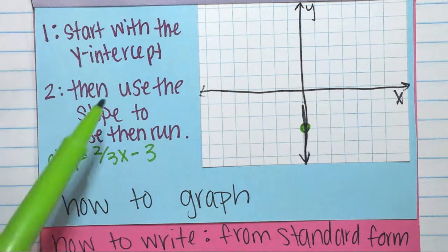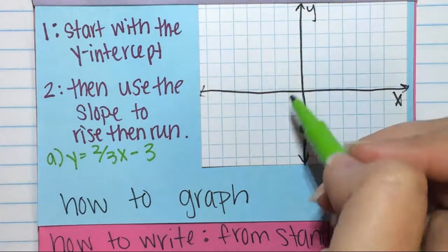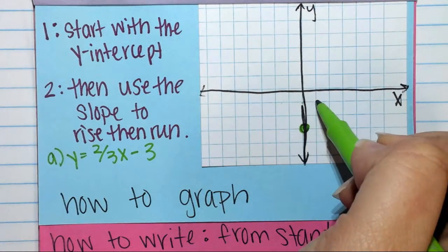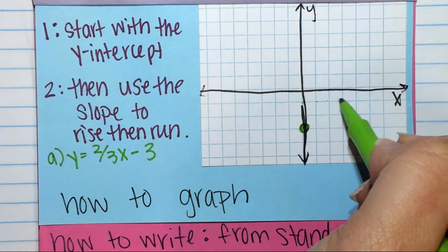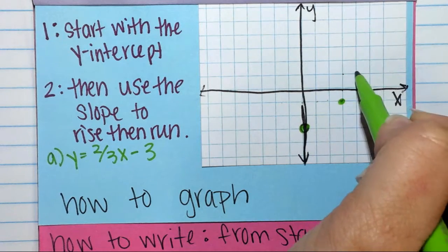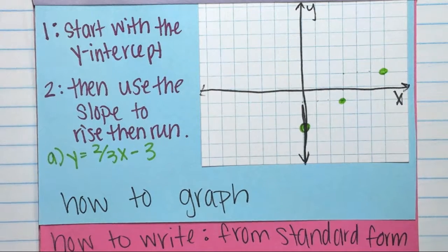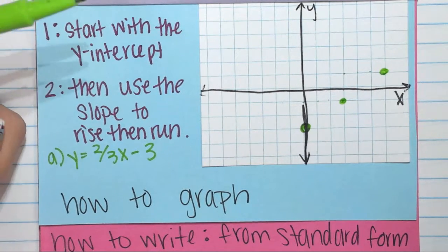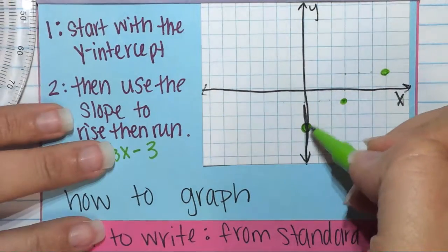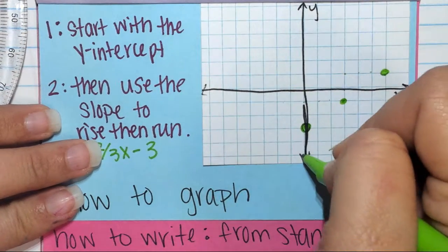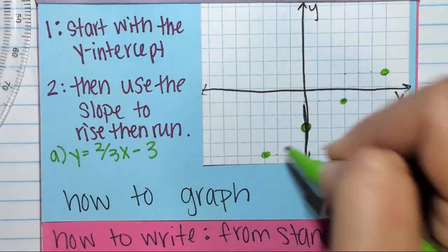It's a positive 2/3. So that means we go up 2, right 1, 2, 3. And then connect your dots. If we ran out of room going to the right, we could go down 2 and left 3.